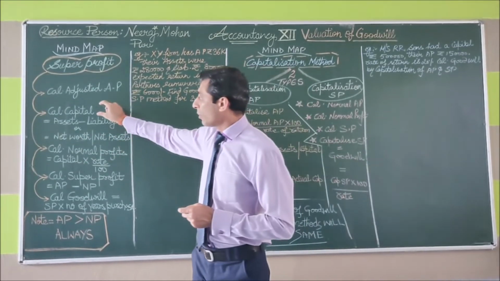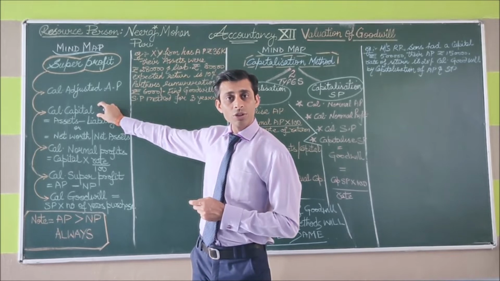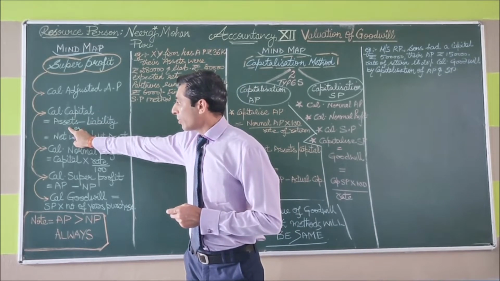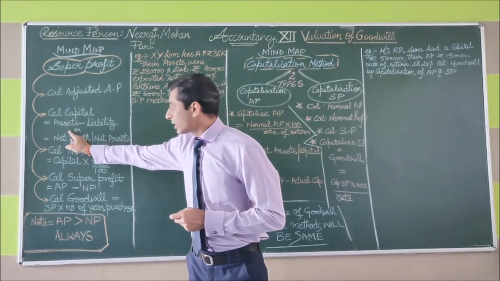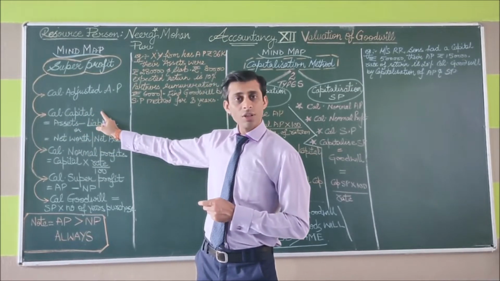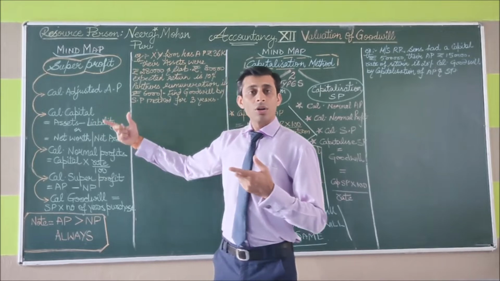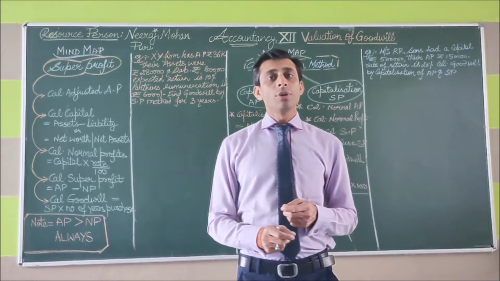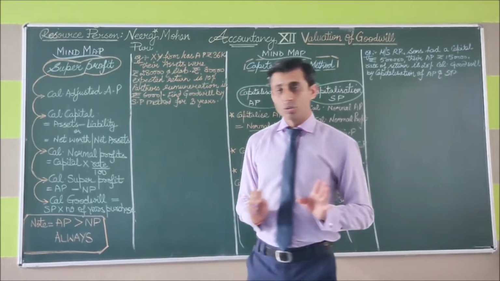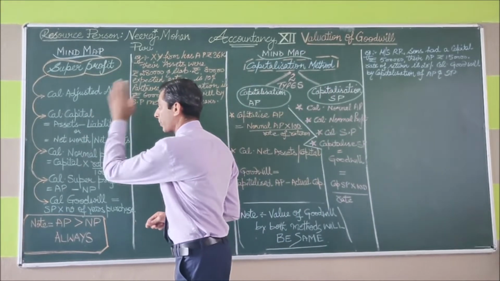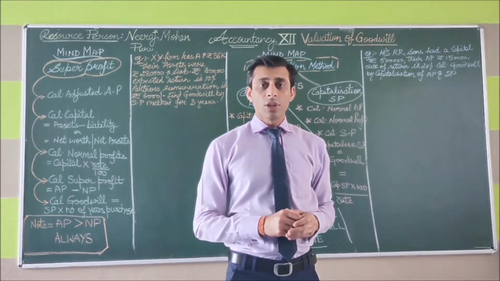So you may be given directly the value of capital in the question. In the question there may be value of assets and liabilities. In that situation, assets minus liabilities will give us the value of capital, or the question may contain information about net worth, or the term net asset would be used. So net worth, net asset, capital mean one and the same thing.